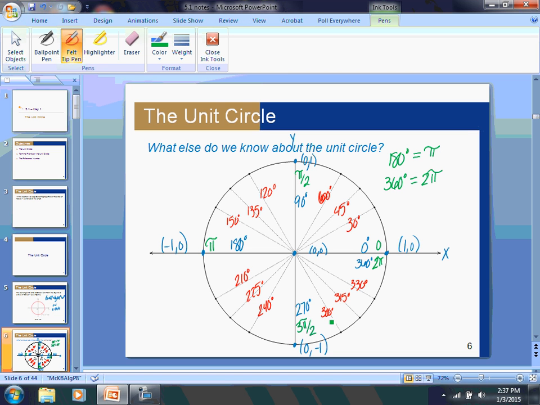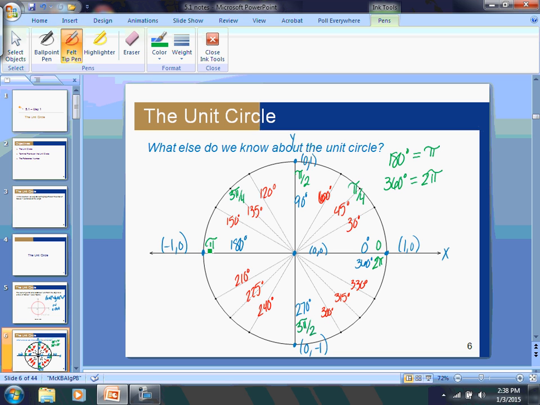Okay, and then the 45 degree angle mark, that was halfway between our 0 and 90 degrees. So we can have a radian between 0 and a half. Half of a half is going to be a fourth, so you'd have pi over 4. Then you'd have another fourth, which is pi over 2. And then if you have a half plus a fourth, that's going to be 3 pi over 4.